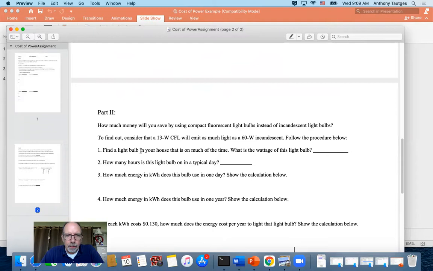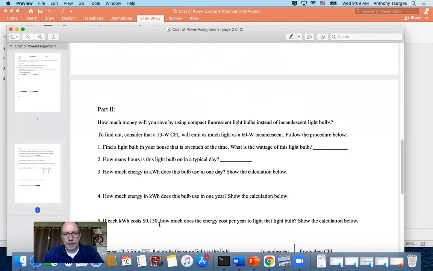We're going to find a light bulb that is on in your home much of the time. What is the wattage of this light bulb? I'm going to assume 60 watts for the incandescent. How many hours is this light bulb on in a typical day? How much energy does this bulb use in a day? How much energy does this use in a year? And then if each kilowatt-hour costs $0.124, what's the energy cost per year?